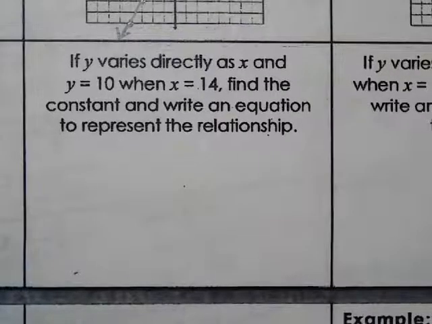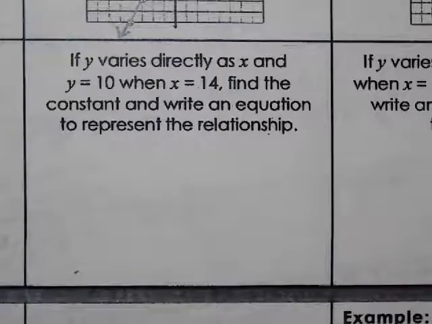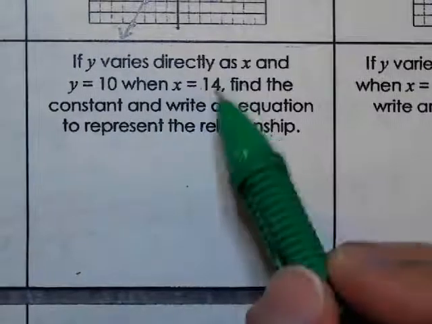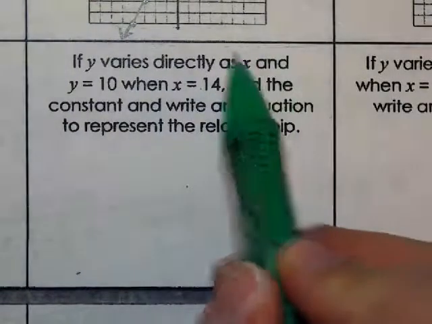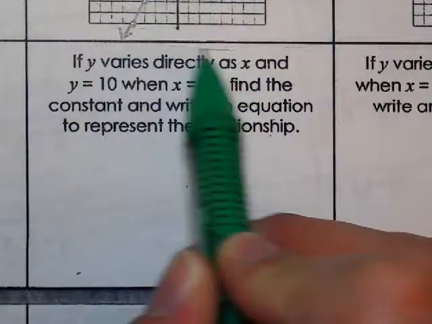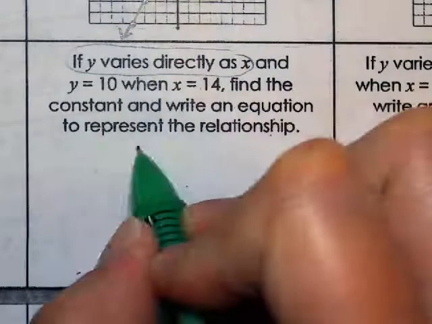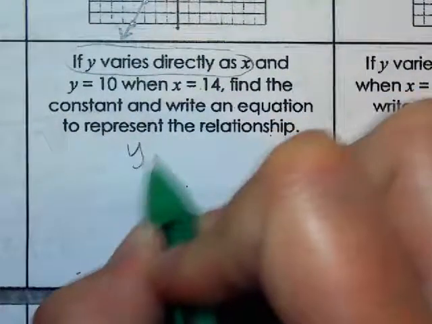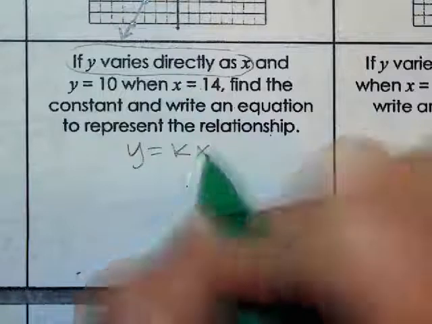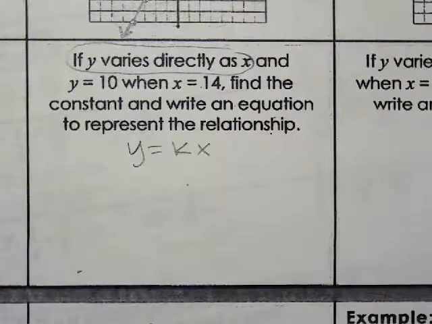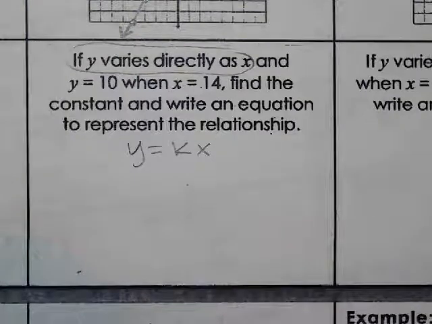So whenever you see those words, if y varies directly as x, whenever you see that, you're going to write y equals kx. And then they give you a y and an x to plug in. So if they give you a y and an x to plug in, that means you have enough information to solve for k.